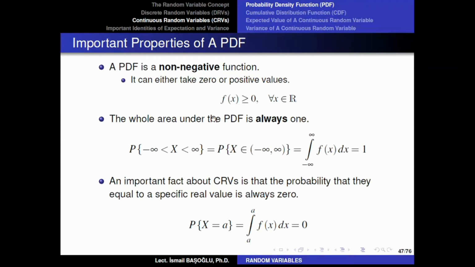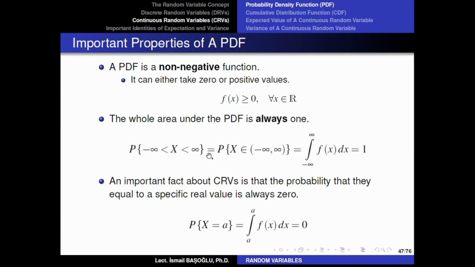And another concept is this. If I ask you for a random variable, either discrete or continuous, the probability of that random variable to be between minus infinity and plus infinity, it is supposed to be equal to 1, right? Because based on what we have learned so far, random variables can only take real values, and therefore the probability that a random variable is between minus infinity and plus infinity will be automatically equal to 1.